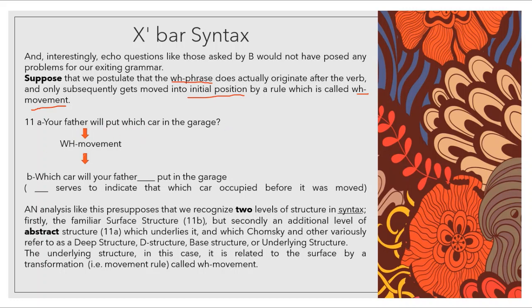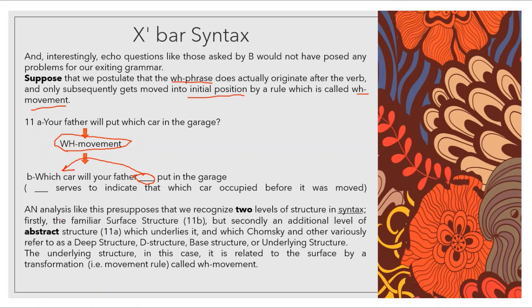Using WH movement, it became: which car will your father put in the garage. So this trace here serves to indicate that which car occupied a position before it was moved. Which car was here, and it moved to the initial position by this WH movement.